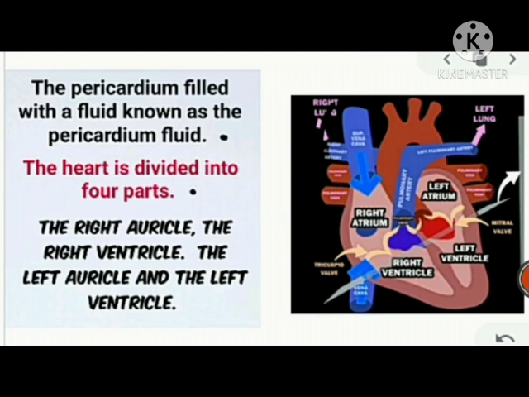Now the heart is divided into 4 parts, or you can say 4 chambers. The upper chambers are called auricle or atrium, and the lower chambers are called ventricle. Right. So on the right hand side you have a right auricle, and below it is your right ventricle, while on the left side, the upper one is your left auricle, and the lower one is called the left ventricle.